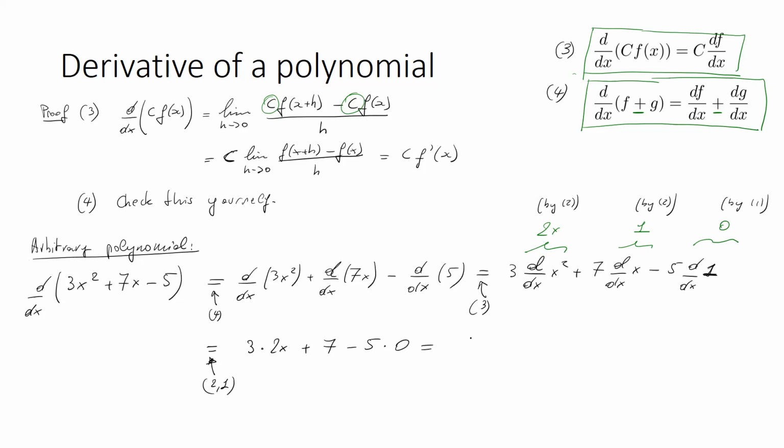And that is, of course, 6x plus 7. And if you have never done this calculation before, I would just encourage you to play with this a little bit. And pretty soon you'll do this in one step without writing down all the intermediate steps. You'll just say 3x squared, derivative is 6x, 7x, derivative is 7, minus 5, derivative is 0. So the result is 6x plus 7.